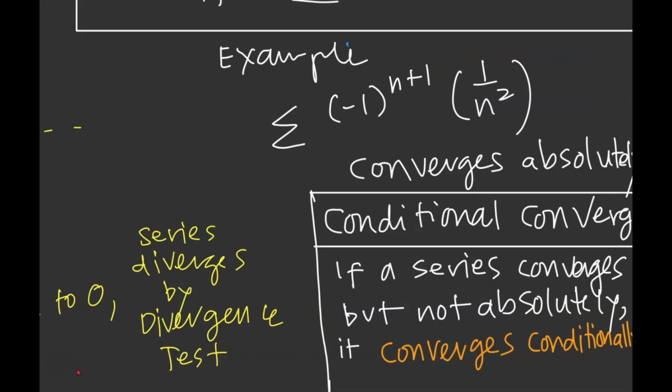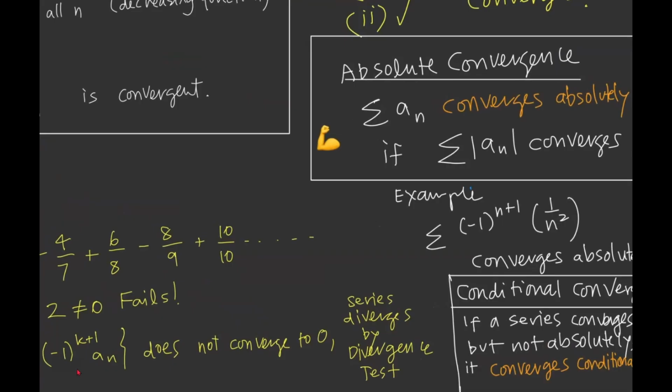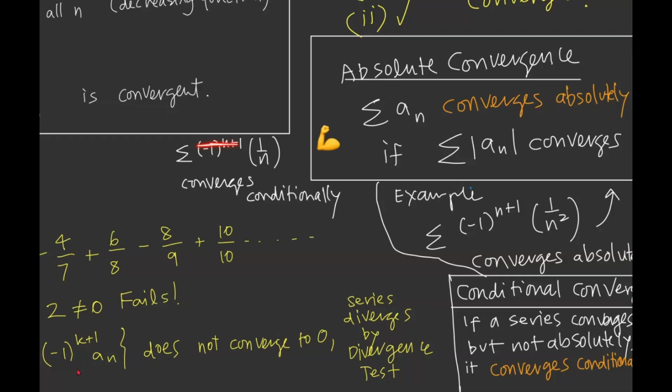And then conditional convergence is defined as: if a series does converge, but it doesn't converge absolutely, then we call that conditional convergence, or it converges conditionally. An example of that would be the alternating harmonic series. The harmonic series converges conditionally, because if you take away the alternating part of it, then this series will not converge.